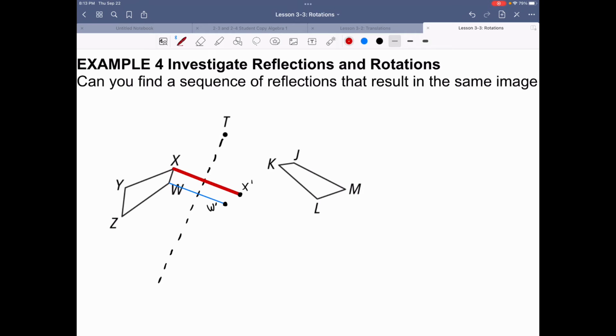Then I'm going to take Y and I want to make it perpendicular to this line. And then I'm going to double it. It's quite long, so you may want to measure even that they are the same length and perpendicular to line T. So that's going to be Y prime.